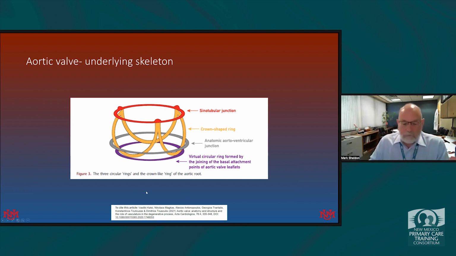Blood would be traveling from bottom to top in this cartoon. Basically what I want you to get from this is that it's a fairly simple structure. There are stacked rings of tissue, roughly circular, and that has some definite issues or underpinnings that relate to how it's dealt with surgically and now with TAVR valves.